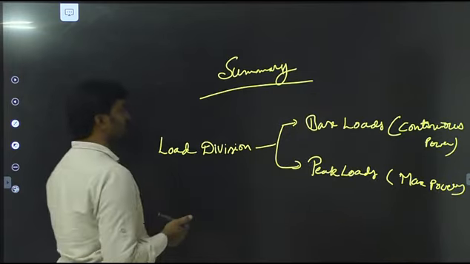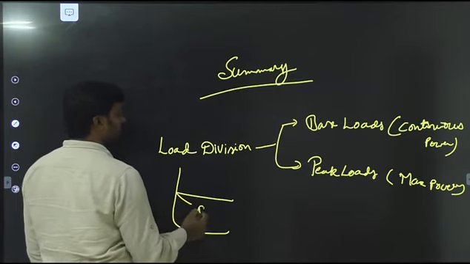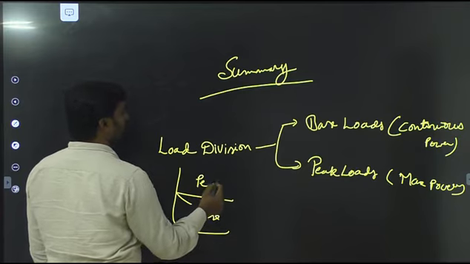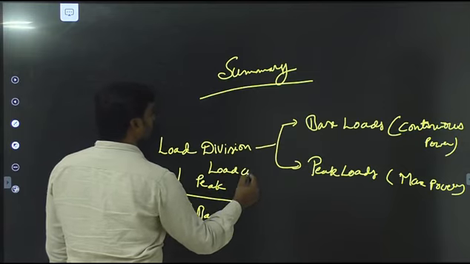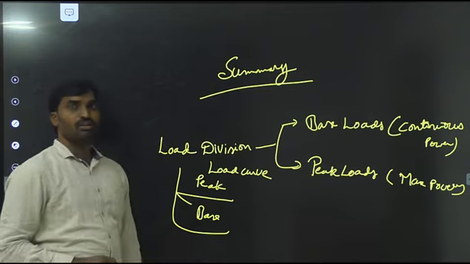So how is it divided? You can simply divide it into two parts. The first is the base load and the top one is the peak load in a load curve. So this is our load curve. In the load curve, we are separating the base load and the peak load.